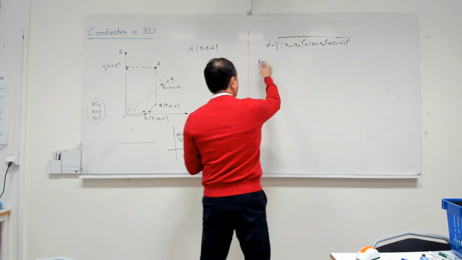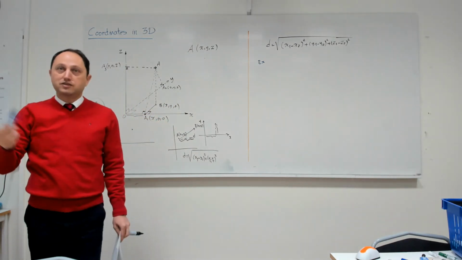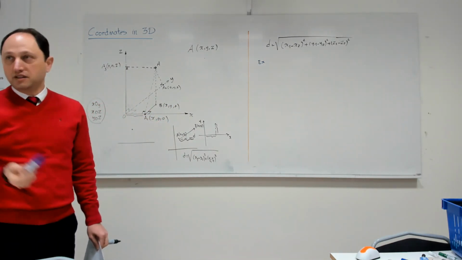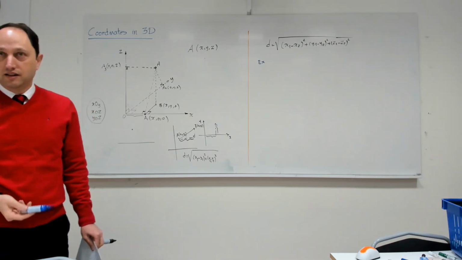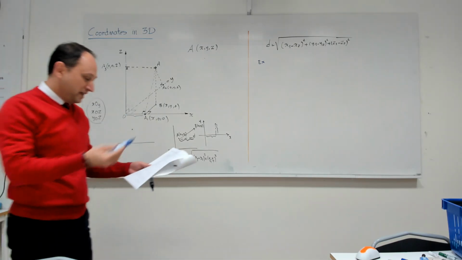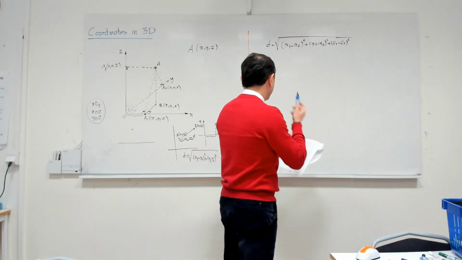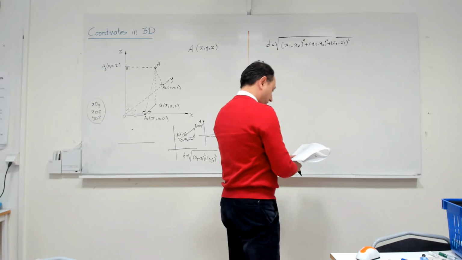For example, I can give you 3 points with 3 coordinates, and I can ask you, show that the triangle is isosceles, for example. Or show that the triangle is a right angle. So you find the lengths and compare them. So that's very easy. But let me just write one example here for you.